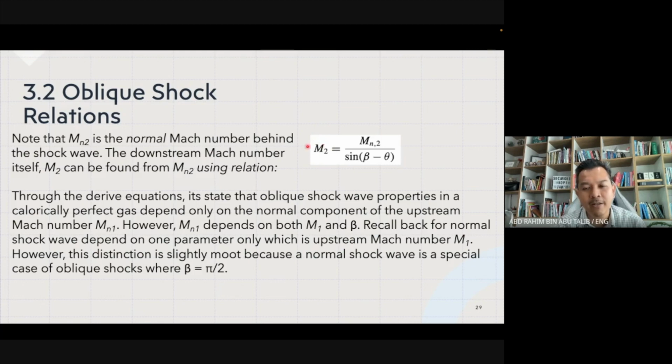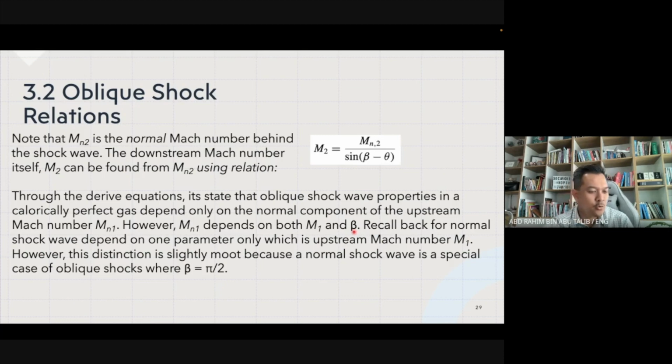So we can find the downstream Mach number M2 from the value that we calculate for Mn2, and knowing beta and theta through the derived equations. It states that the oblique shock wave properties in a calorically perfect gas depend only on the normal component of the upstream Mach number, Mn1. However, Mn1 depends on both M1 and beta.